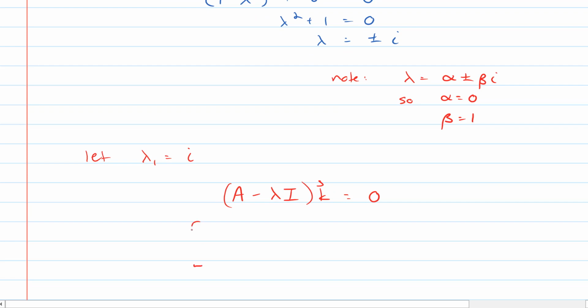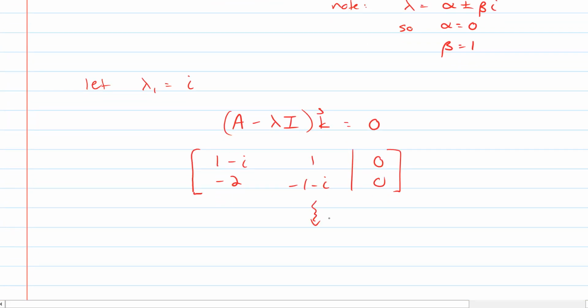Basically, we take the matrix A and subtract i from all the main diagonal elements. So you get 1 minus i and -1 minus i, 1 and -2 here. That becomes our augmented matrix. And we're going to RREF this.